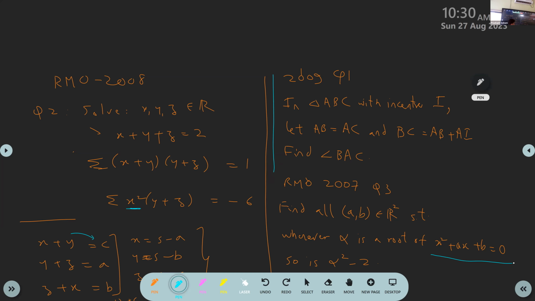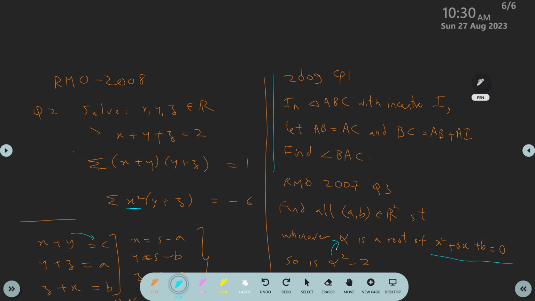Yes, but the point is now alpha square minus 2 can be taken as the new alpha. So I can plug this value into alpha, and that chain will keep continuing. So as such, we'll get an infinite set of numbers. That is the trick in that question.